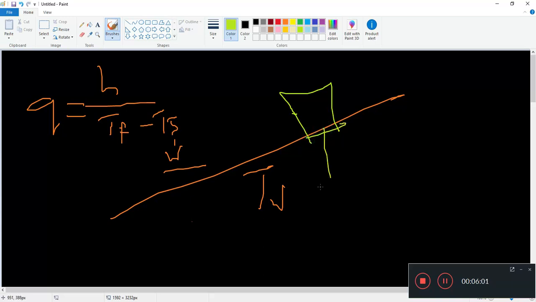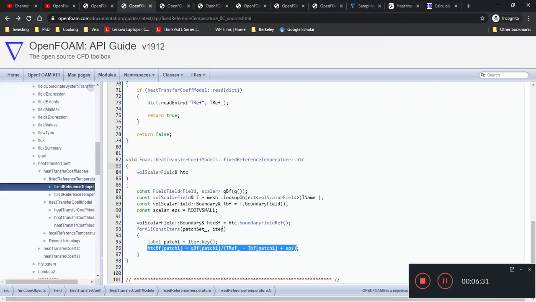So there will be a local wall temperature here, and that will sometimes be used for calculation if you use the local reference temperature. Then there's a cell wall temperature. This is the temperature of the cell, or this little volume element, this little block near the surface. So that will be the Tbf.